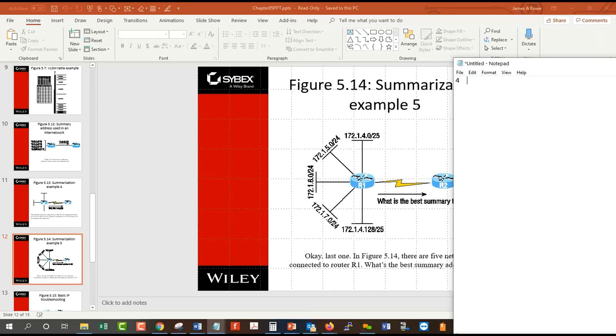So if we look at the value 4 in binary using 8 bits, we've got 1, 2, 3, 4 zeros, 1, 1, 0, 0. That's 4. Then 5, then 6, then 7.